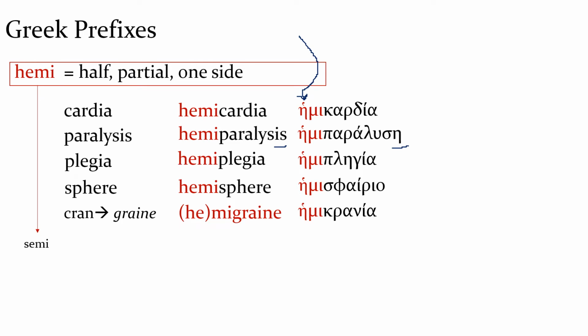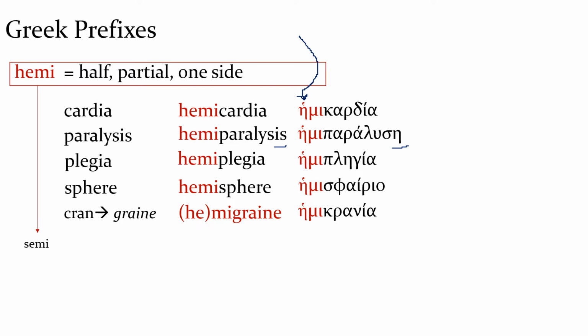Now we have the word crania or cranion, which means the head or the skull. We also have the word kranos, which means helmet. And in French, we get this grain, this G-R-A-I-N. So a emigraine or a migraine, hemicrania, is the pain felt in half of the head, on one side of the head.